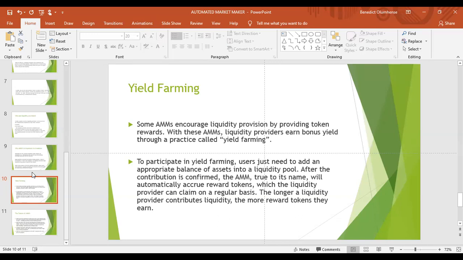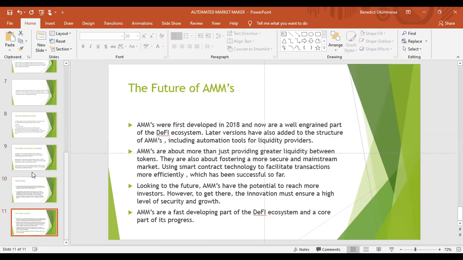After the contribution is confirmed, the AMM will automatically accrue token rewards to the liquidity provider, and he can claim those rewards on a regular basis. The more the liquidity provider provides tokens, the more he earns, right? And so that's yield farming in short.